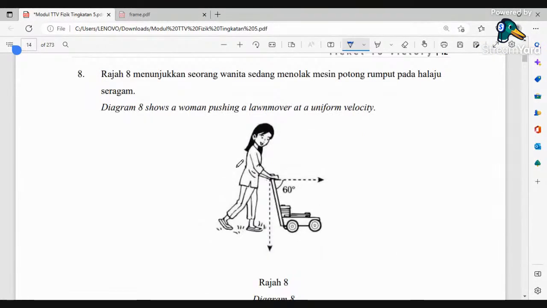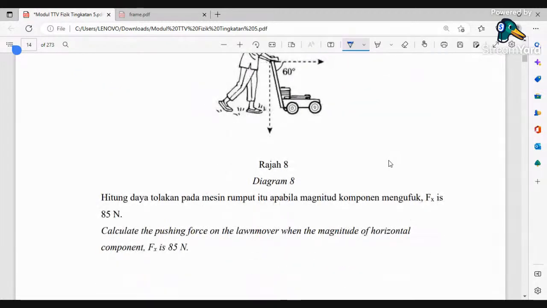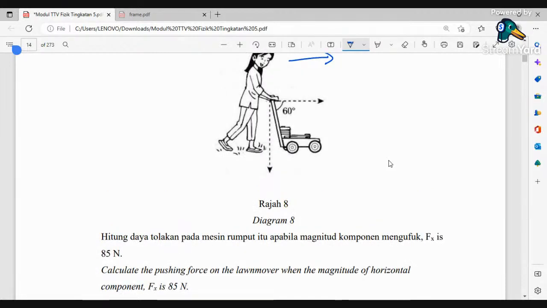Okay. Number 8. Diagram 8 shows a woman pushing a lawnmower at uniform velocity. Okay. Motion ialah forward. Calculate pushing force on the lawnmower when magnitude of horizontal component is 85 Newton.